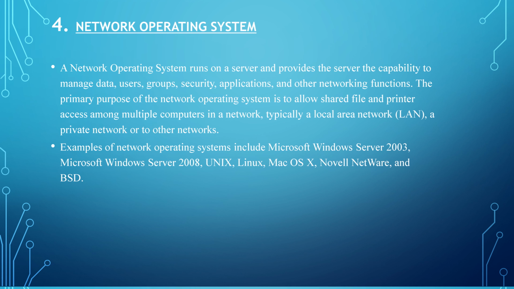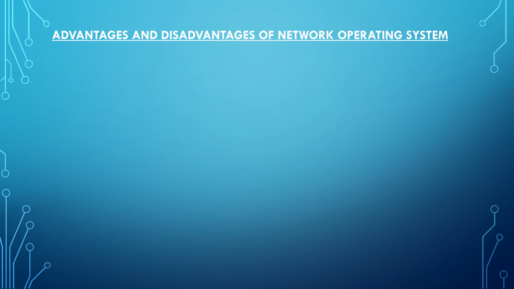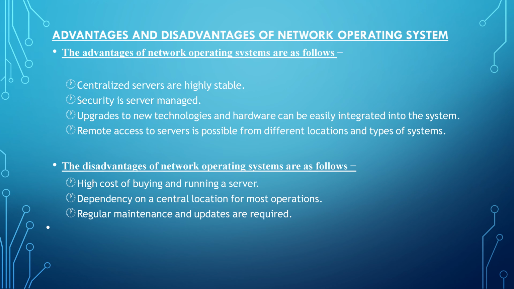Advantages and disadvantages of network operating system. With the advantages, we have centralized servers that are highly stable. Security is server managed. Upgrades to new technologies and hardware can be easily integrated into the system.